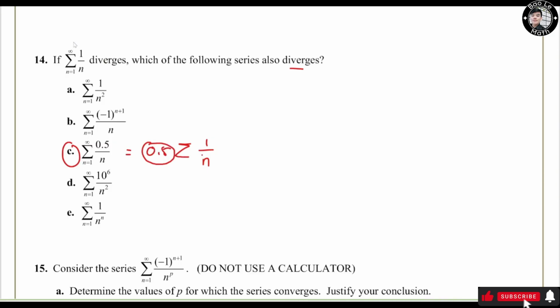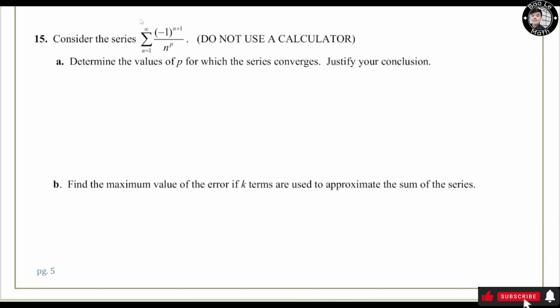So if the original one diverges, the new one must be divergent. Now let's move on to question 15. Consider the series negative 1 raised to the n plus 1 over n to the p. Determine the values of p for which the series converges.